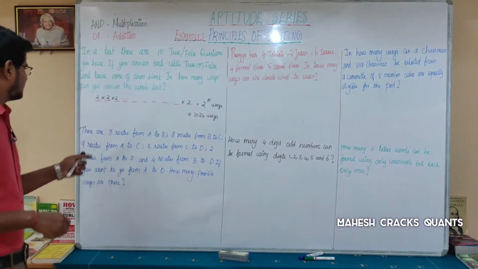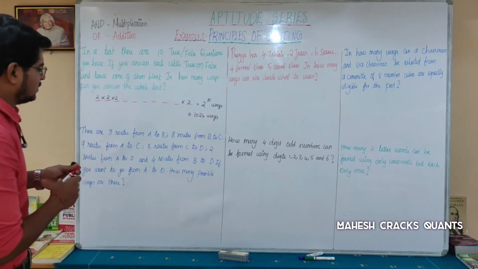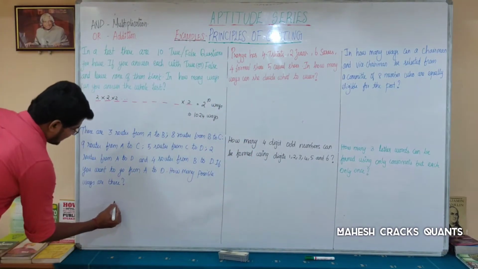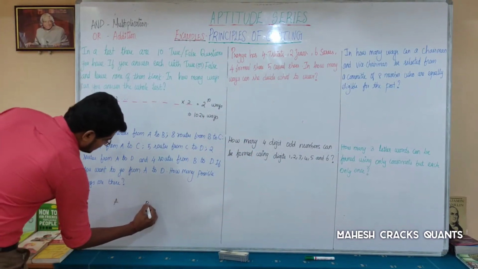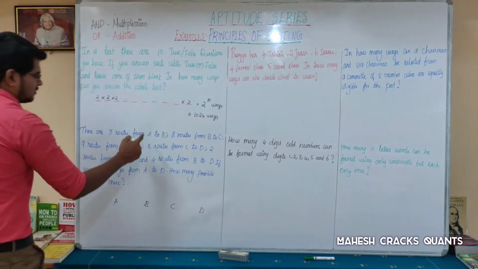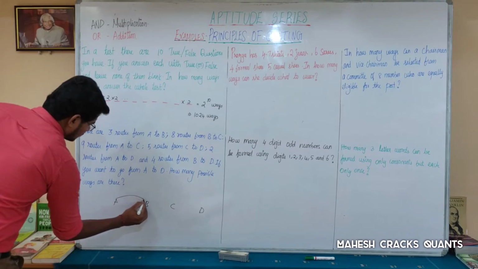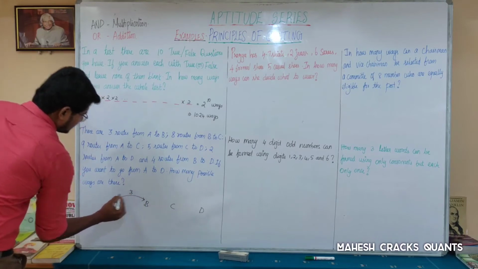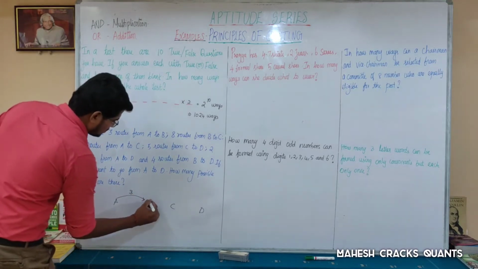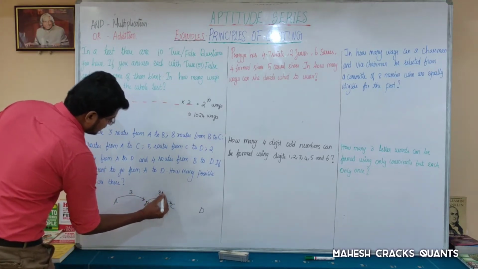There are 4 places here, A, B, C, D, so you have to mark A, B, C, and D. The first, 3 routes are from A to B. So if you are going A to B, there are 3 routes, and B to C means 8 routes are there.